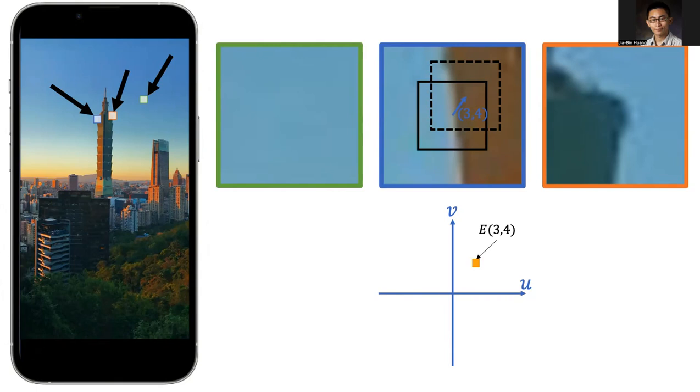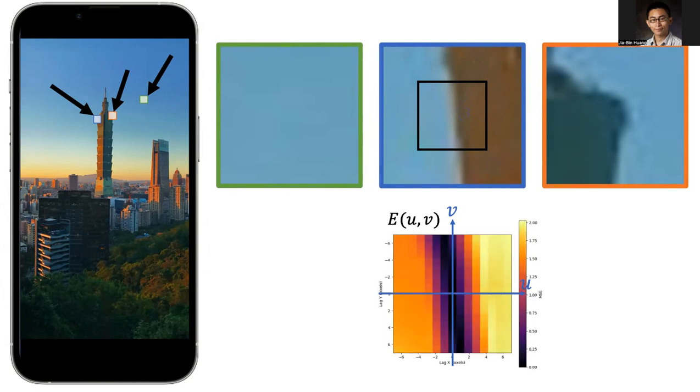Okay. So if you repeat this for all the possible motions, then you will see something like this, okay? So what you find is that if your hypothetical motion moves along the x direction, the horizontal direction, you see that the error goes up quickly, which means that it's very easy to locate where this location goes. It is sensitive to horizontal motion.